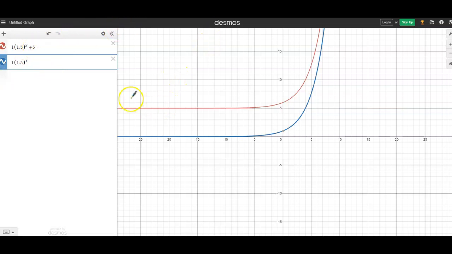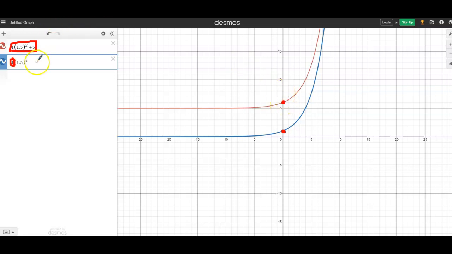But it doesn't just affect that, it affects every point on the graph as well. And in particular, we're worried about this point, the y-intercept. So the y-intercept used to be at 1, and that's because the number in the front is a 1, right? But by shifting it up 5 spaces, what happens if you go up 5 spaces from 1? Well, now it's at 6.